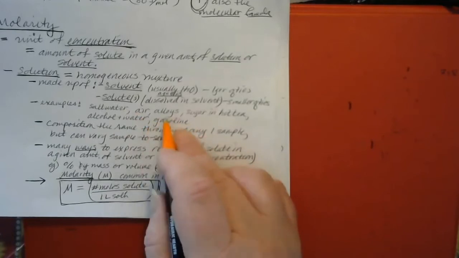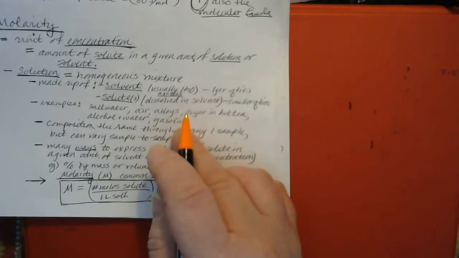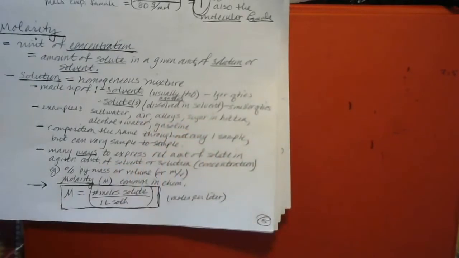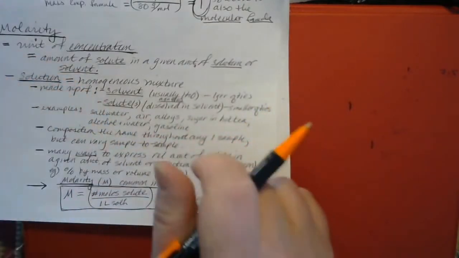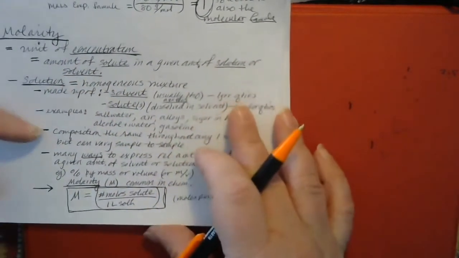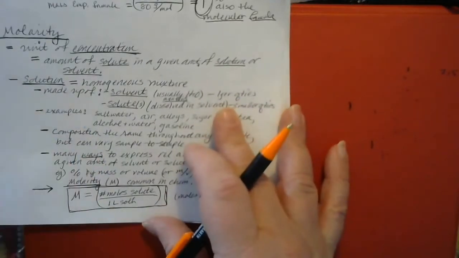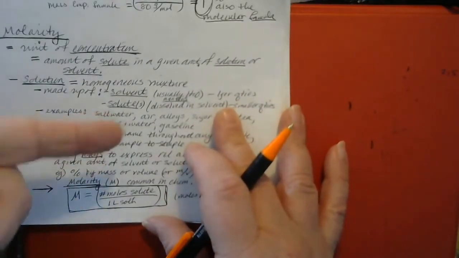Metal alloys are also considered to be solutions because they are homogeneous mixtures. A metal alloy would be something like, say, brass. Like most keys are brass. And brass would be made up of mostly copper with some zinc thrown in.